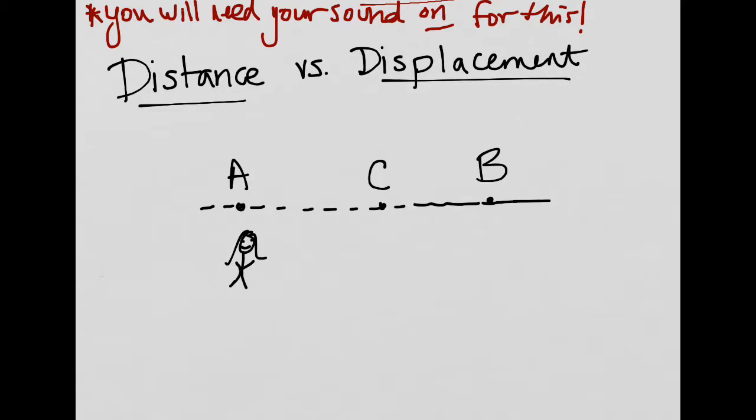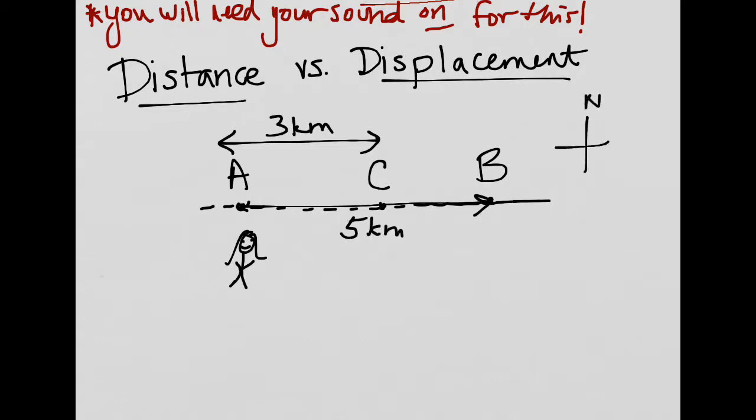What we need is to distinguish how far things are apart. So we'll say that this is about 3 kilometers, and the distance between A and B is going to be 5 kilometers. And then we have our legend, of course: north, east, south, west.